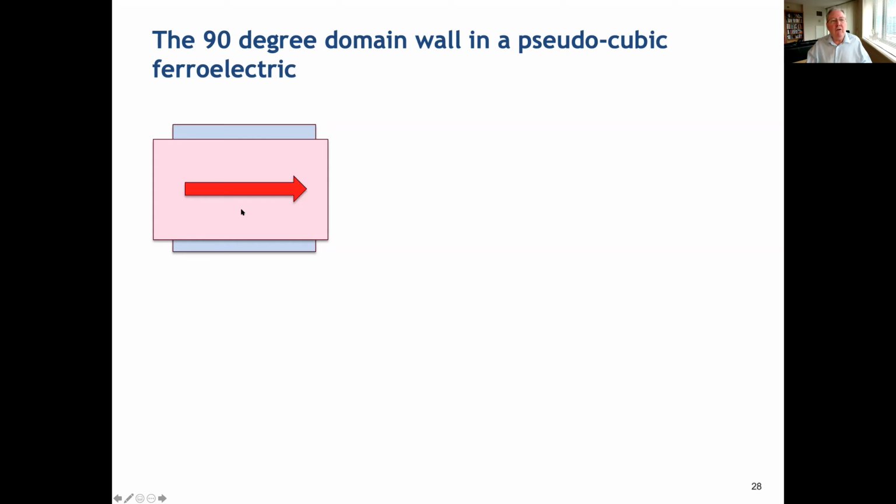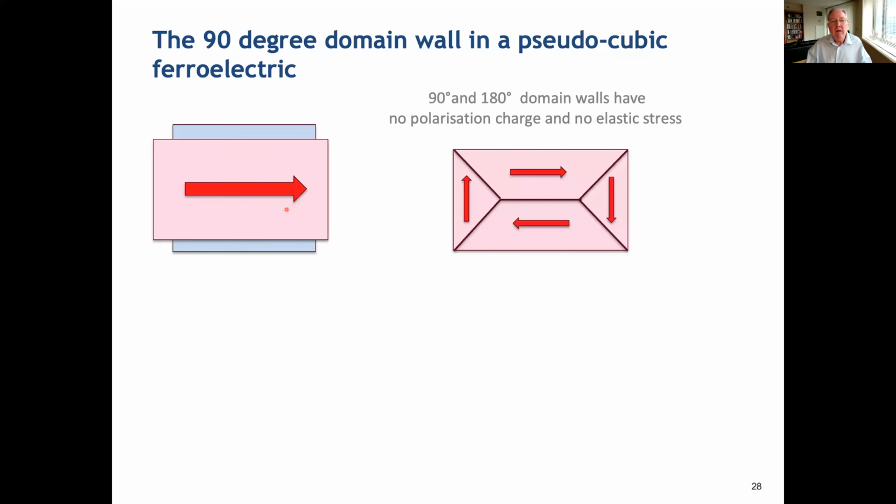So because it points in one of these directions, the crystal changes shape. This is a macroscopic version of what I talked about before. And so that means that domain structure in ferroelectrics is very strongly constrained.